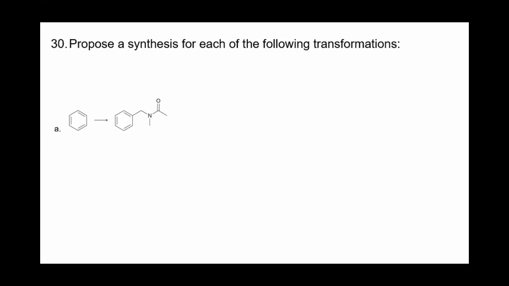Okay, there's a couple of different ways that you can go about doing this one. But if you were starting with your retrosynthesis, you might have had this as your intermediate before, plus maybe an acid chloride.